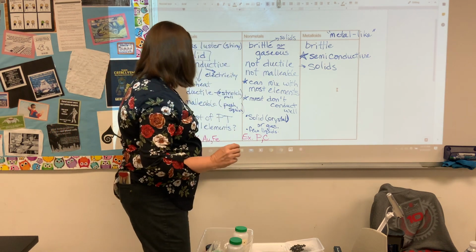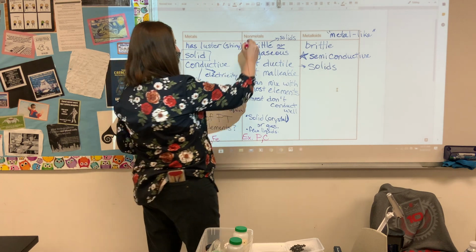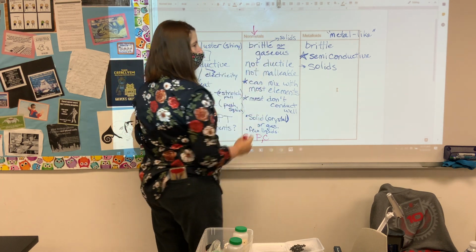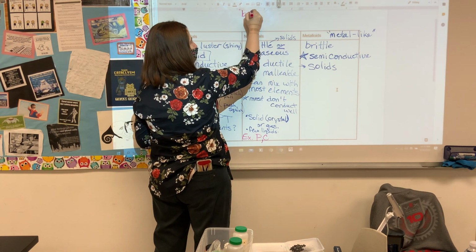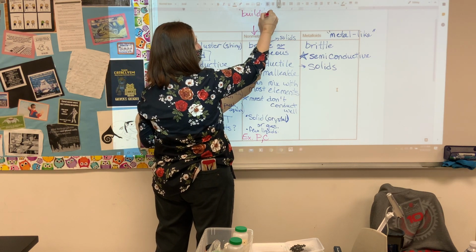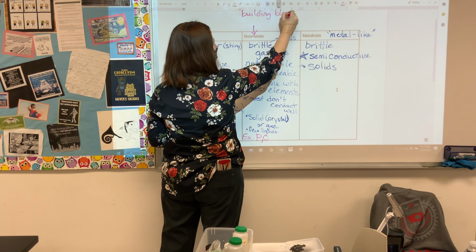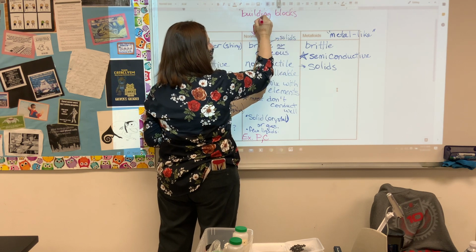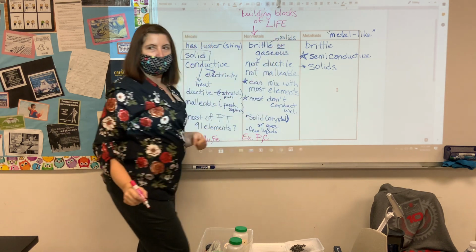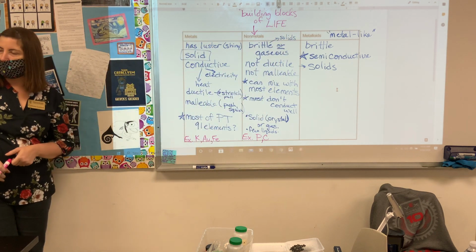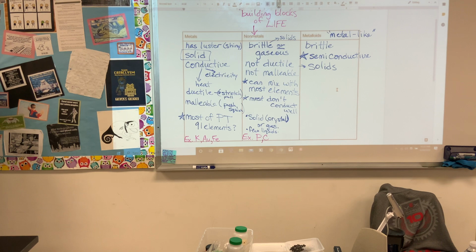Now, one thing that wasn't noted: non-metals are really important. They're the building blocks of life: carbon, oxygen, nitrogen, hydrogen.